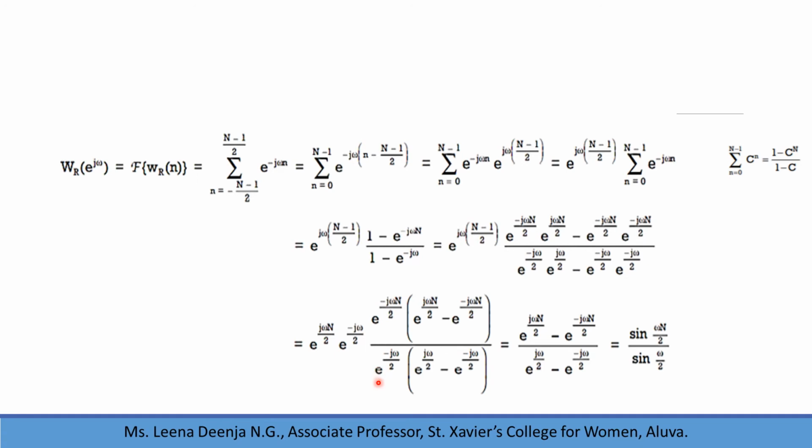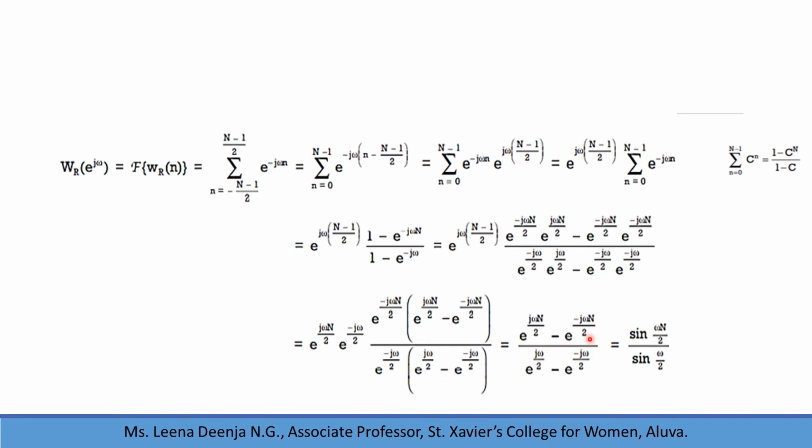Now we can see that e raised to minus j omega by 2 in the denominator and e raised to minus j omega by 2 in the numerator cancel. And e raised to j omega N by 2 into e raised to minus j omega N by 2 is 1.